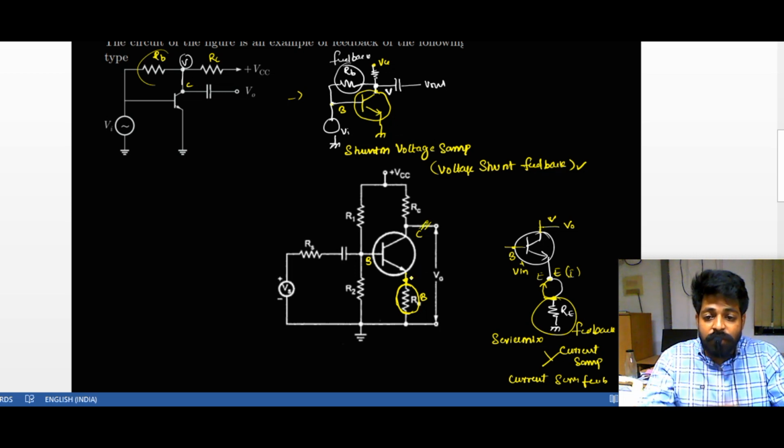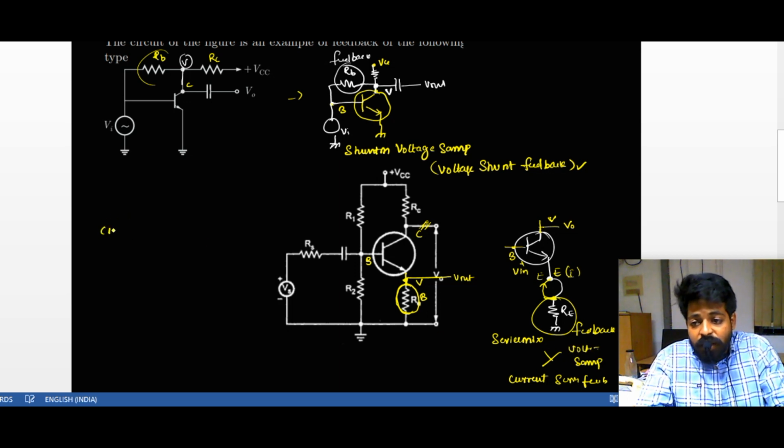In another case, let us suppose this is not a common emitter amplifier, and you take the output from this one. Then the beta network is taking the sample from the voltage node, the same node, so it becomes a voltage sample. So I can say a common emitter amplifier is nothing but a current series feedback amplifier.